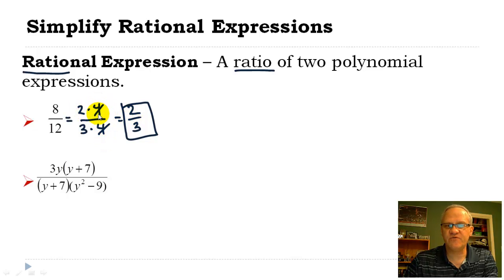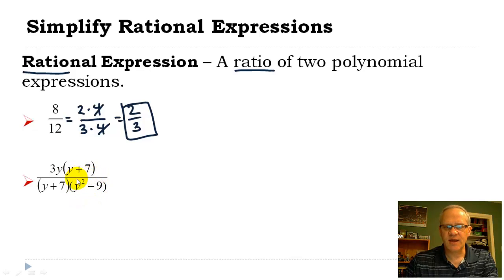Okay, if they have the same factor, in this case they had a 4 and a 4, we can cross that out on the top and the bottom, as long as they're being multiplied. And you'll see as we go over a few of these things, but basically in this next example, we say, okay, I've got 3 times y times this whole parentheses, and then this whole parentheses here, y plus 7 times this other parentheses.